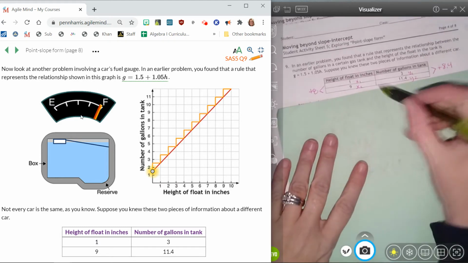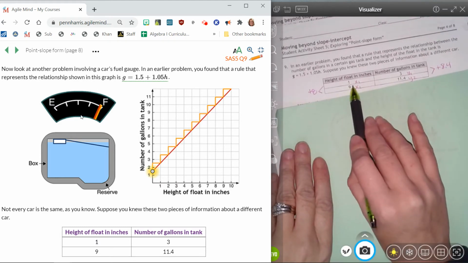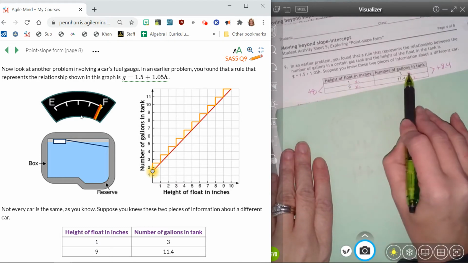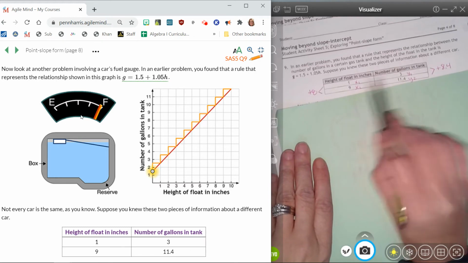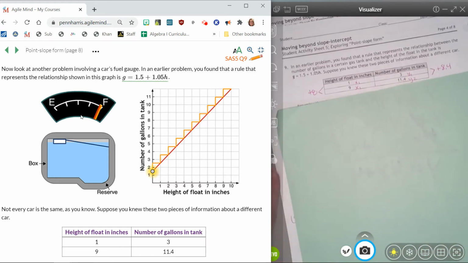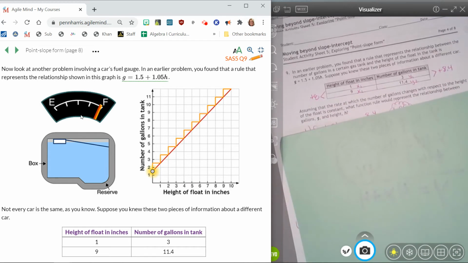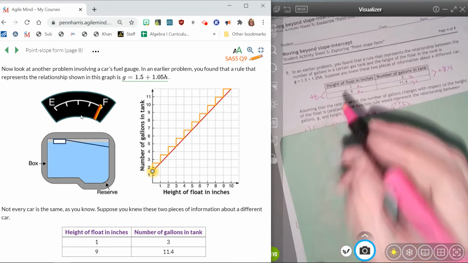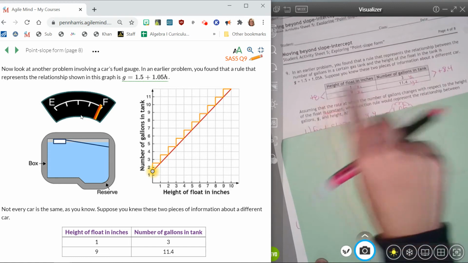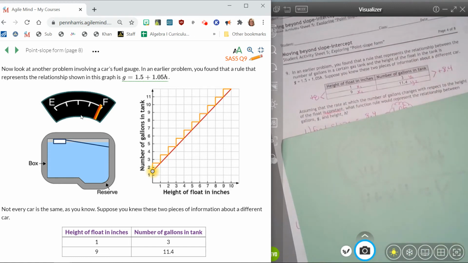We knew that when it was 1 inch of the float, there was 3 gallons in the tank. 9 inches gave me 11.4. So assuming that the rate of change with respect to the height is constant, meaning that the change that's happening here stays the same, what function rule would represent the relationship?